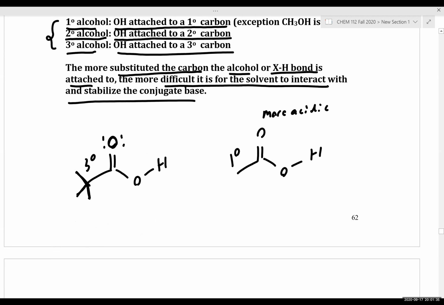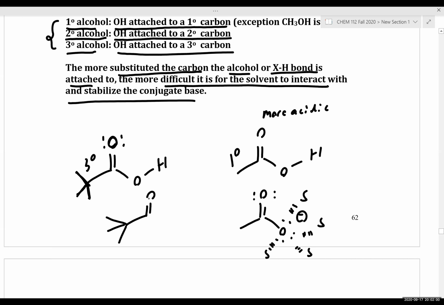And the reason for that is because when we generate our anion, it's easier for our solvent, I'll abbreviate that with S, to interact with and stabilize our anion. Well, if we have this giant bulky substituent, it's harder for our solvent to interact with and stabilize our anion. We can get fewer solvent molecules stabilizing our anion.